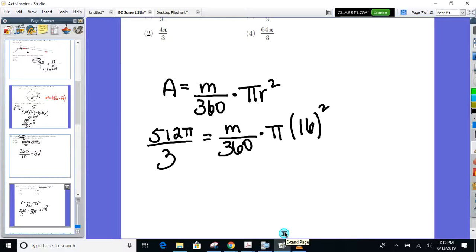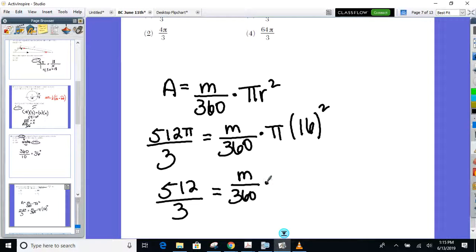Pi d is for the arc length. That's arc length you're thinking about. Good? What's on both sides? Pi, so those are gone. 512 over 3 equals m over 360 times 256, I believe.